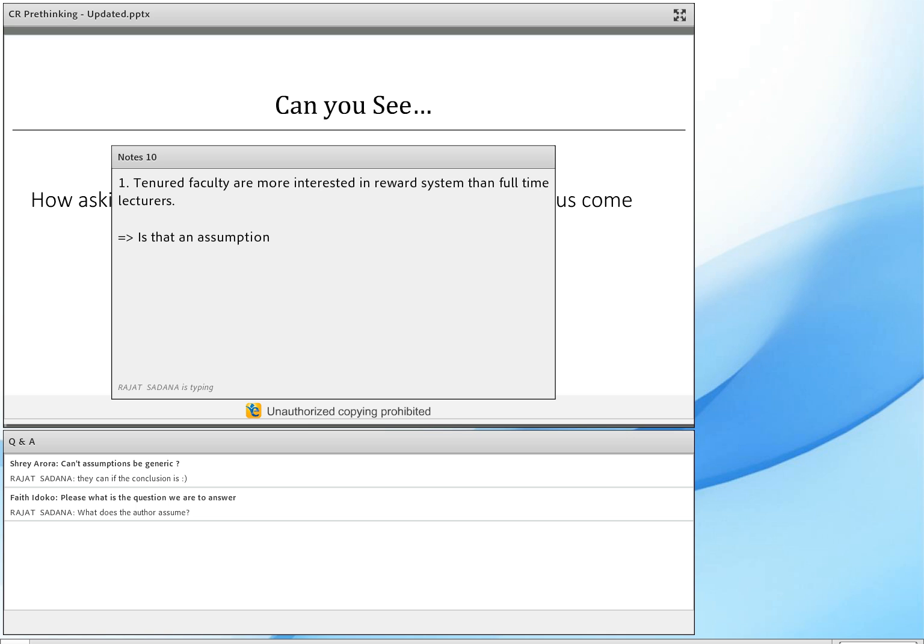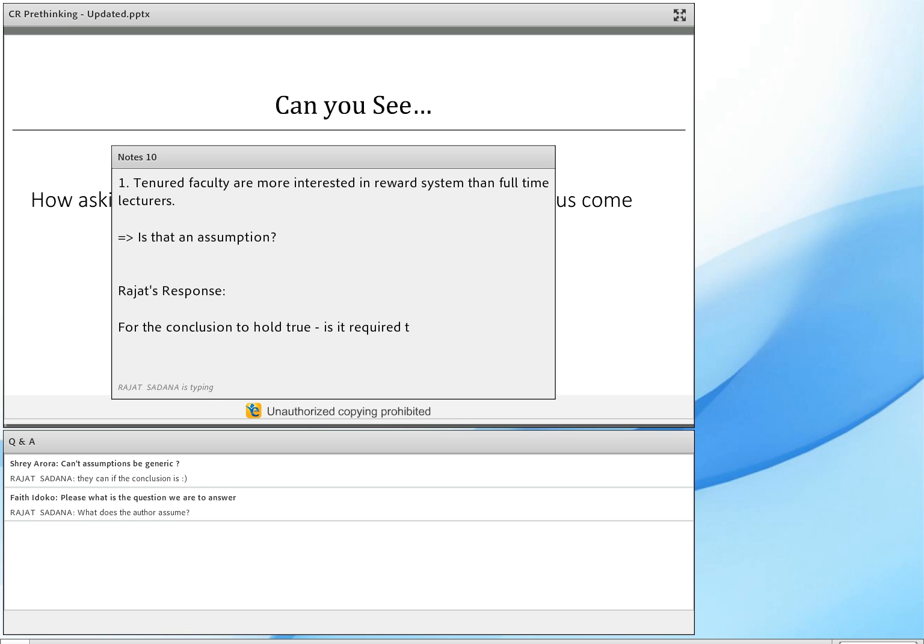The person asked this question, is that an assumption? My answer to that, and this was there in the Q&A pod, but it got deleted, so I'm going to put this over here: is it required for the conclusion to hold true? This is the classic case in which, if the test taker wants to confuse you, they're going to do this.